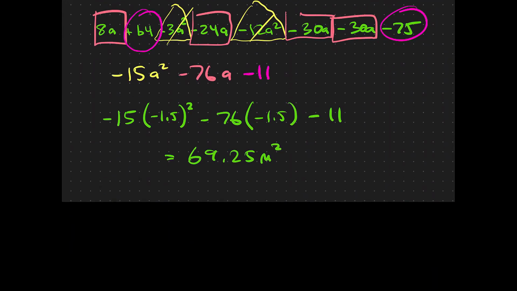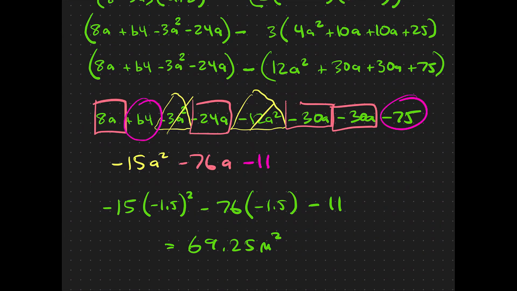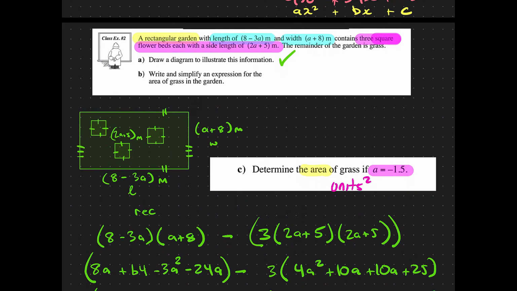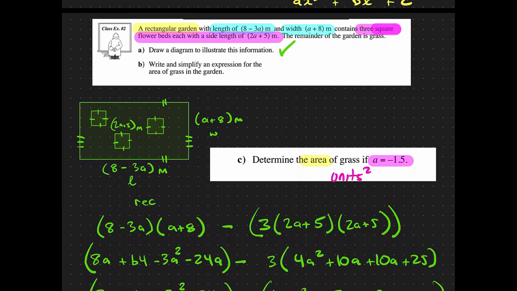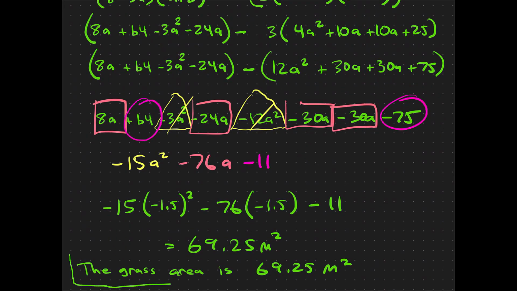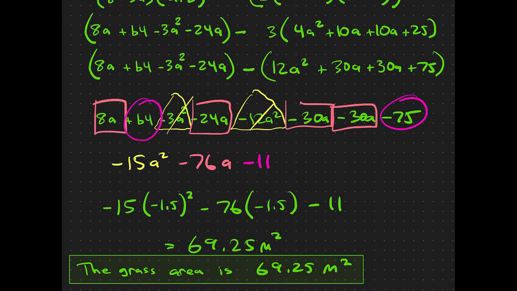The units are meters, so the answer would be the grass area is 69.25 meters squared. I also want to go check and see if they've stated that I need to round it anywhere, and they haven't, so that looks good. Final answer, we are done. Beauty.